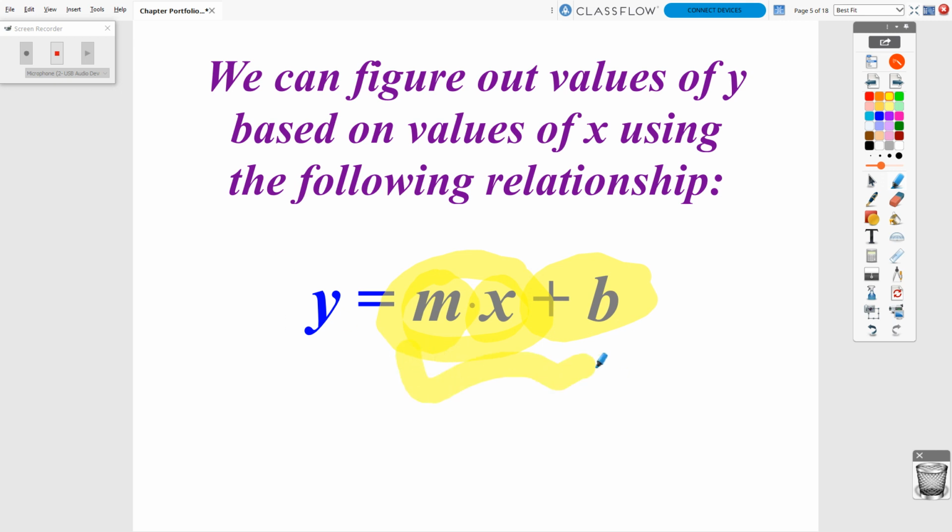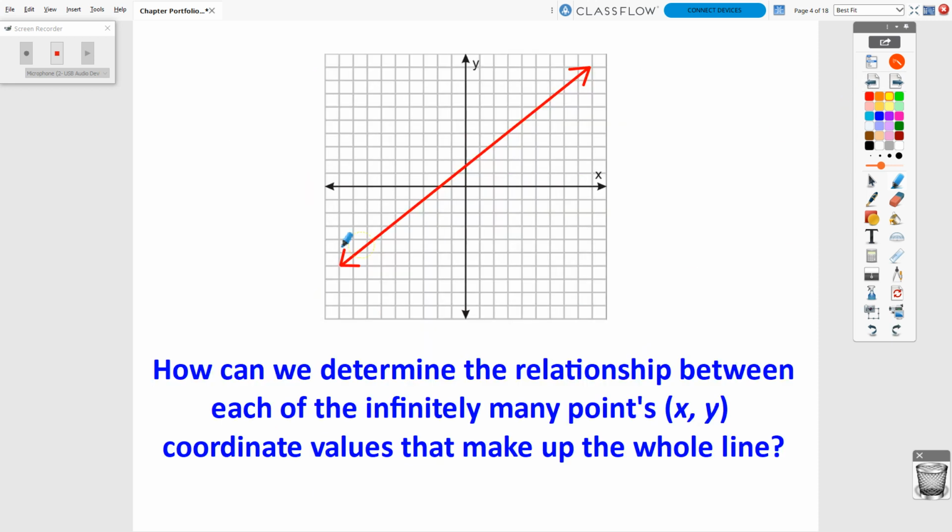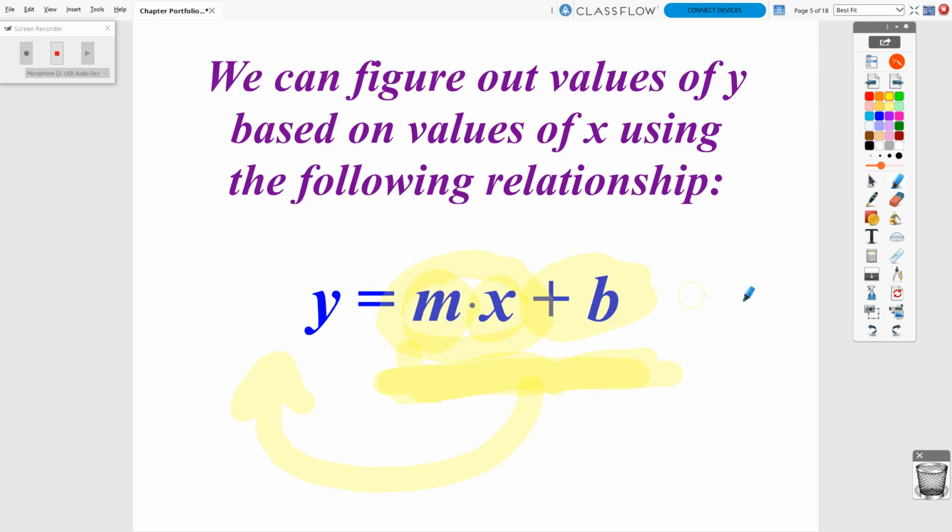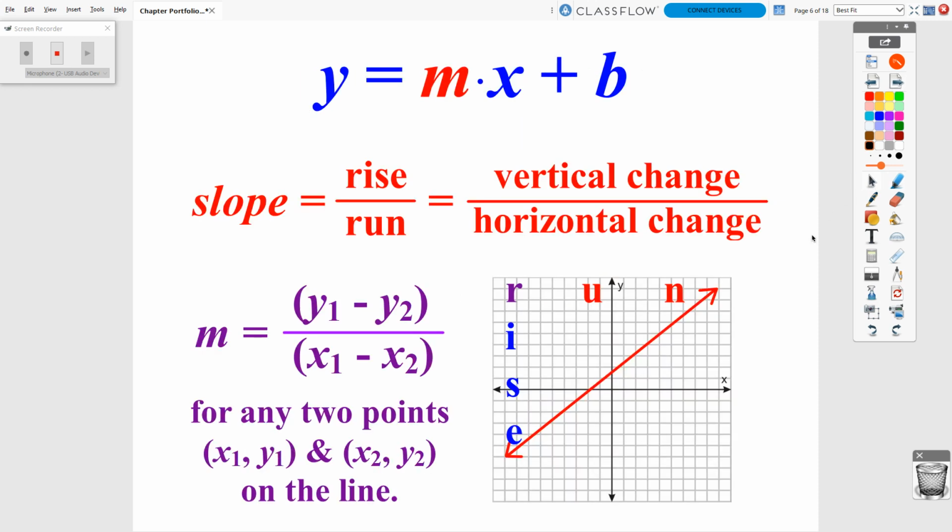Once we did all of that math, that would give us where y should end up being on that line. So if you wanted to know the relationship between each of those infinitely many points on a particular line, this is where we get into equations of lines. This gives us that particular relationship.